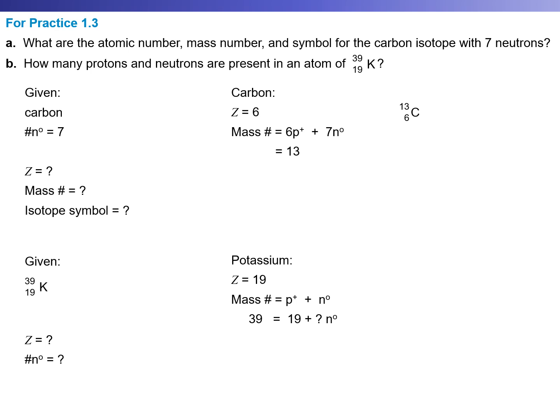So here's our mathematical formula: 39 is equal to 19 plus some questionable number of neutrons. If we rearrange these values a little bit, subtract 19 from both sides, we can say 39 minus 19 is going to give us the number of neutrons. The math is pretty simple, and it ends up being that we have 20 neutrons in our isotope of potassium 39.